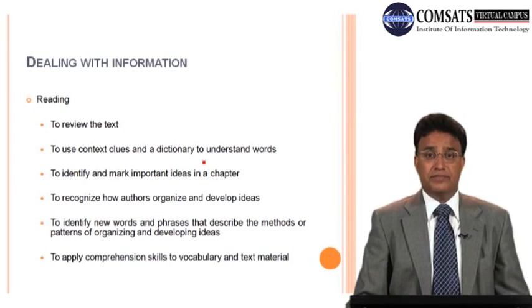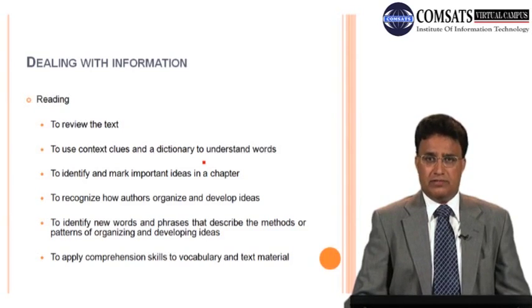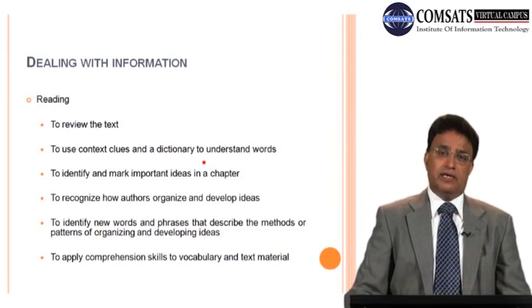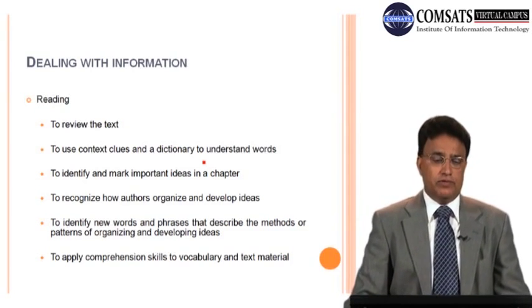look at the blurbs, what the critics have said about it. Then you browse it, looking at some of the figures, charts, tables and diagrams, and make an overall view about the book.